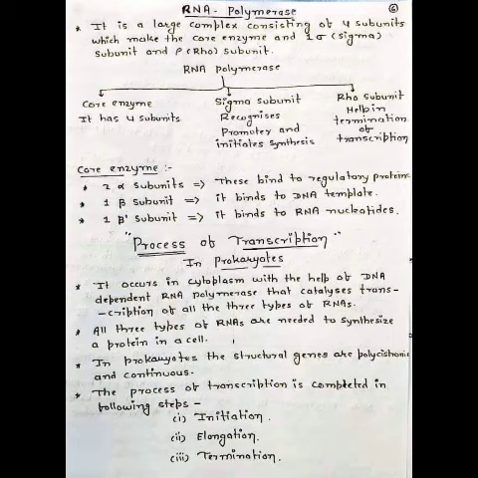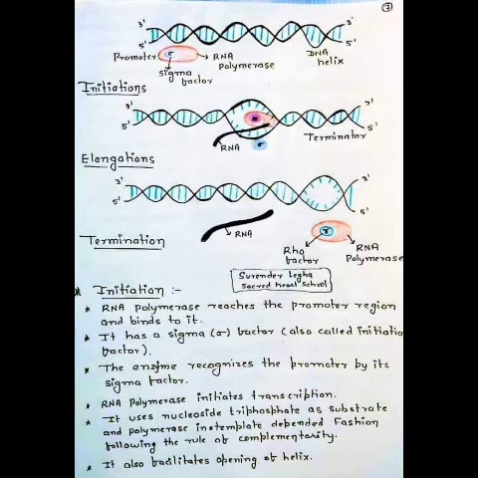All three types of RNA are needed to synthesize a protein in a cell. In prokaryotes, the structural genes are polycistronic and continuous, right? So these were the requirements needed for transcription in prokaryotes. Now we will study the three steps separately and in detail.